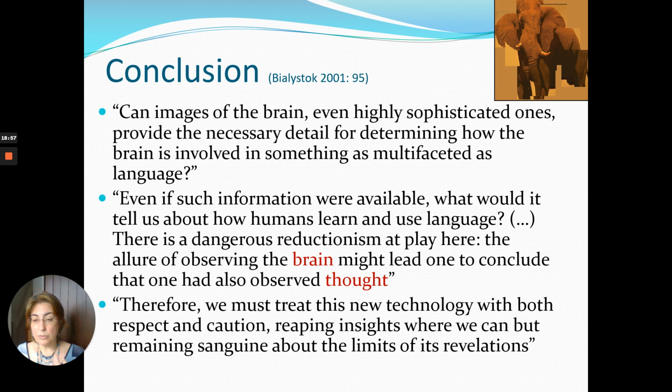But to say that by having a map of the brain, we have a map of the mind, that is a jump that we have to be very cautious about making. So, just up to here about this technique of brain imaging and how we can learn something about the relationship between language and mind by directly observing the organ that we think is responsible for both.